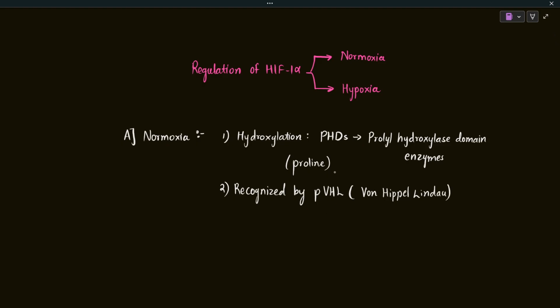This protein is a component of the E3 ubiquitin ligase complex. So once pVHL recognizes the HIF-1 alpha, as it is a component of E3 ubiquitin ligase, this is going to promote ubiquitination of the HIF-1 alpha.